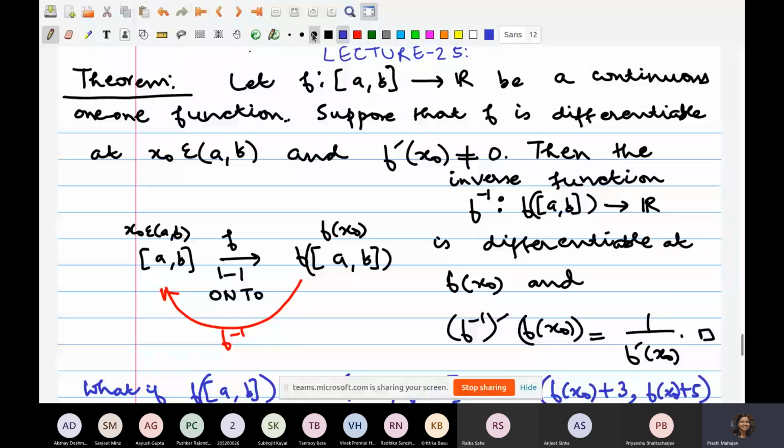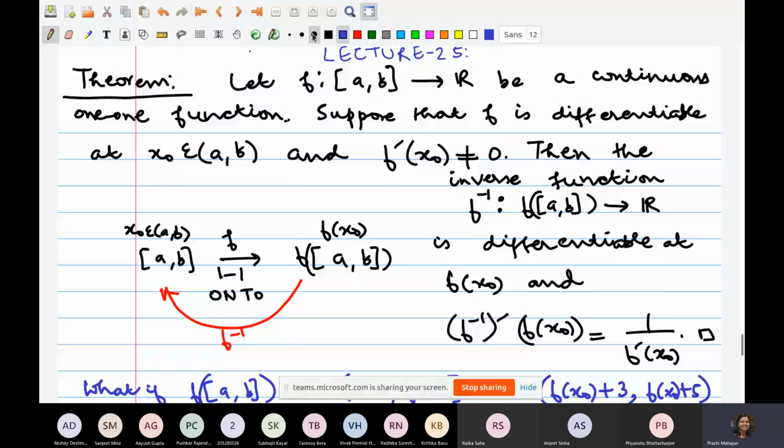Suppose that f is injective, so f is a bijection onto its image. Suppose f is differentiable at some point x naught in the open interval (a, b), so the derivative of f at x naught exists and does not vanish.